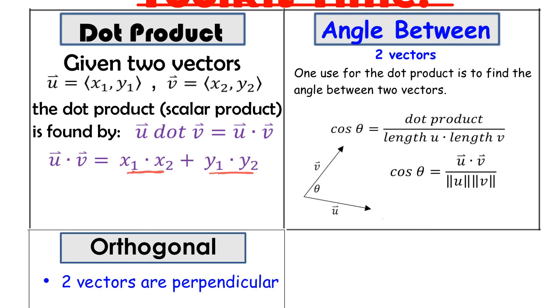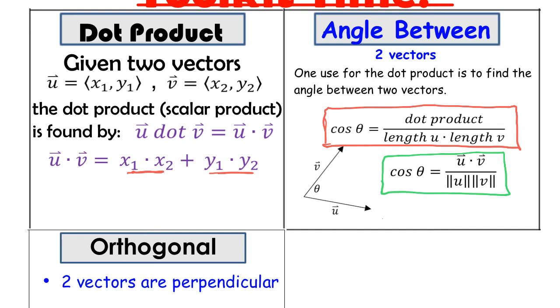And then the second one is the angle between two vectors. We can find the angle between two vectors by taking cosine inverse of the dot product divided by the magnitudes. I guess it would make more sense to box this part.